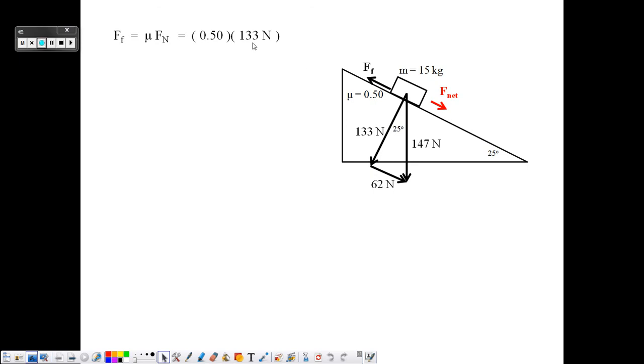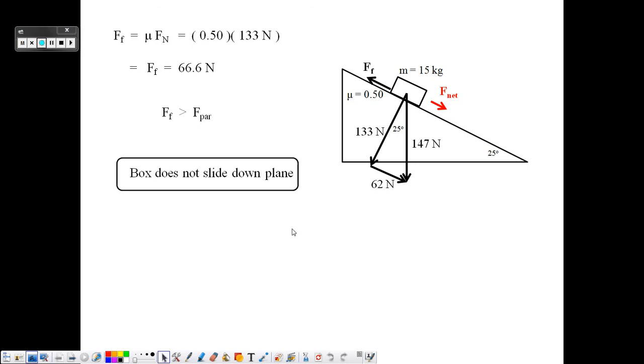That turns out to be 66.6 newtons. Now, does the box slide down the plane? Actually the answer is no, because the force of friction is greater than the 62 newtons. Therefore, this 62 newtons of parallel force is not enough to overcome friction, so the box does not slide down the plane.